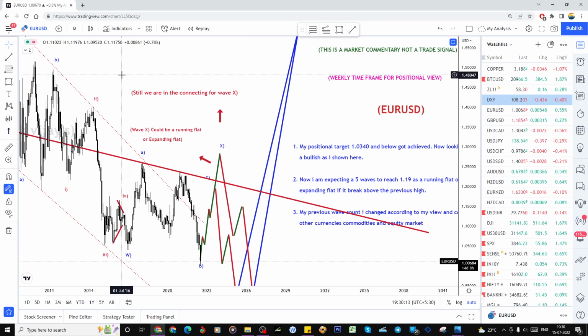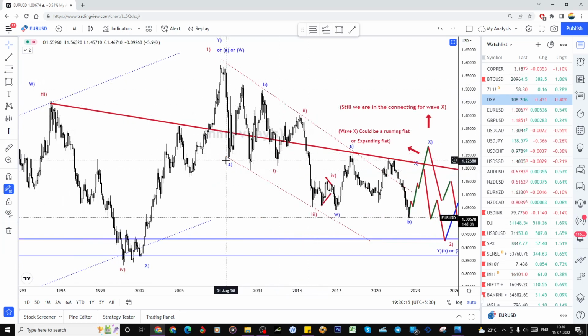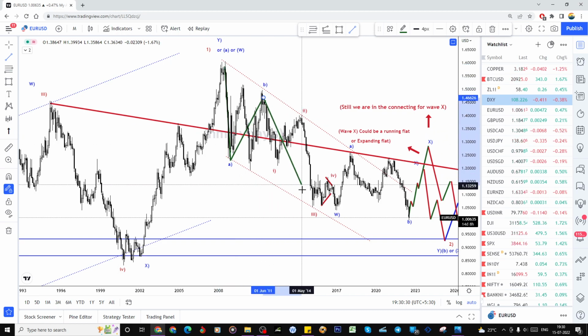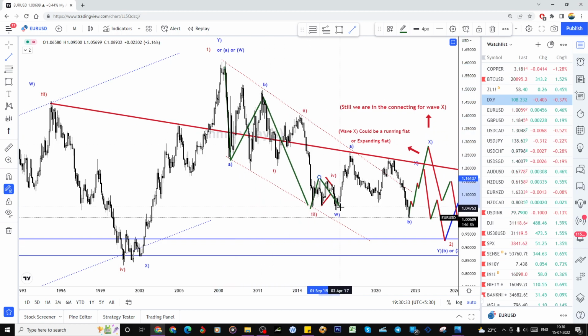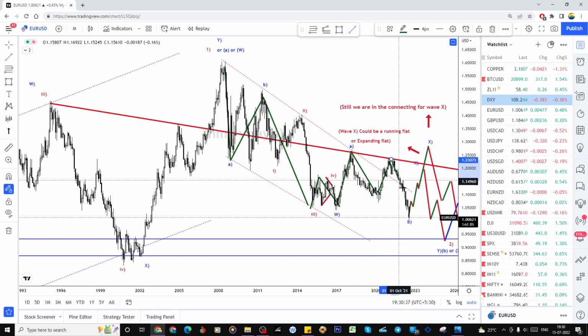But previously what I did, this is the one, A, B, C is the W, and this is the X. So A, B, C is the Y, and again this is the Y, this is the X, A, B, C, Z. So that three-way structure has also got completed. 1, 2, 3, and again 1, 2, 3 in the expanded flat, and this is the 1, 2, 3.